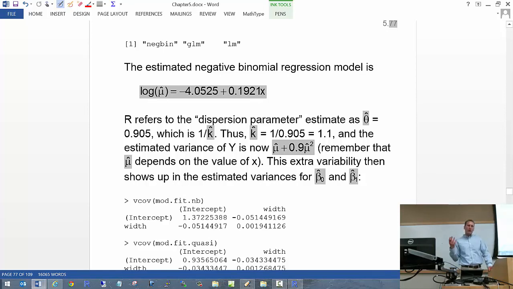So what this model is saying then in terms of the variance, the variance is for a particular width, mu hat plus 0.9 times mu hat squared. And again, notice how that variance is going to be larger than just saying mu hat itself.